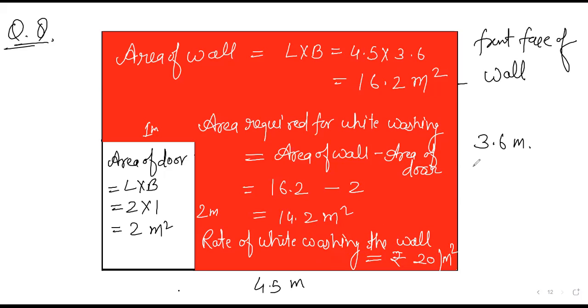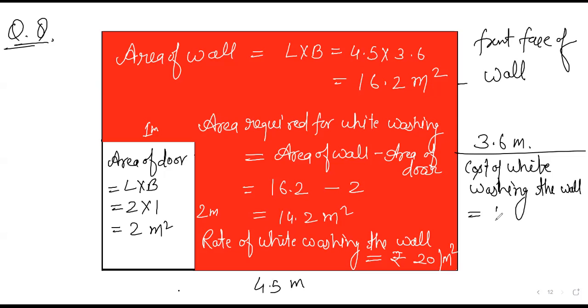So now I am trying to find the cost of whitewashing the wall, that is rate into area. The area required for whitewashing is 14.2, rate is 20, area is 14.2.